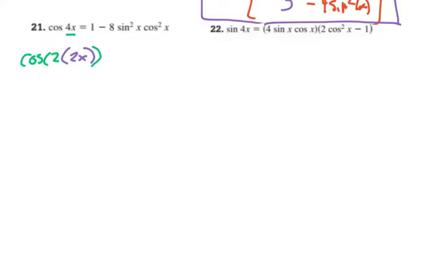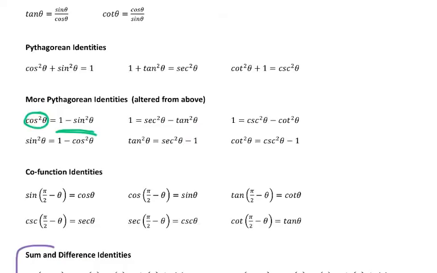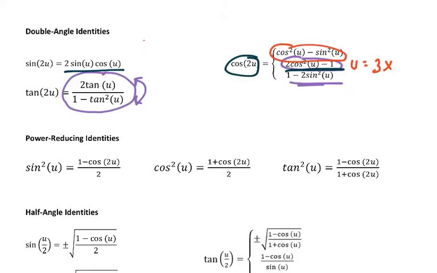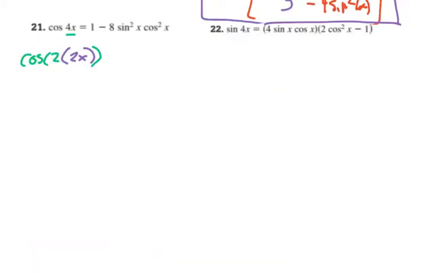From there, we're going to rewrite using this guy right here, 1 minus 2 sine squared of the variable, and in this case the variable is 2x. So 1 minus 2 sine squared of the variable, and our variable is 2x.